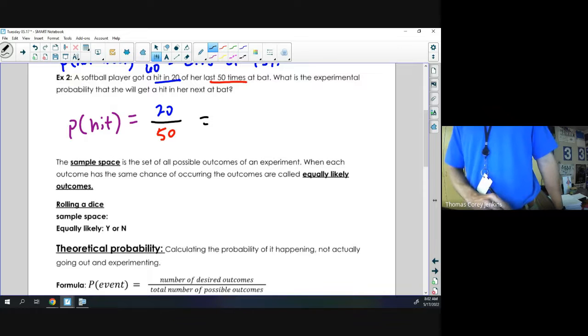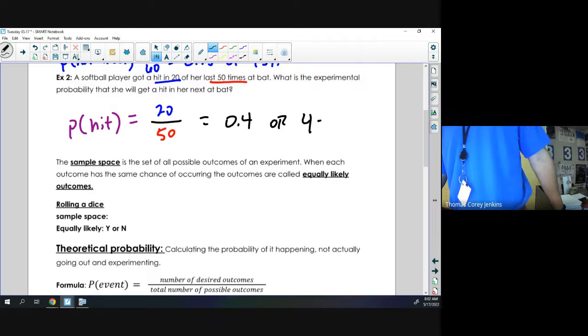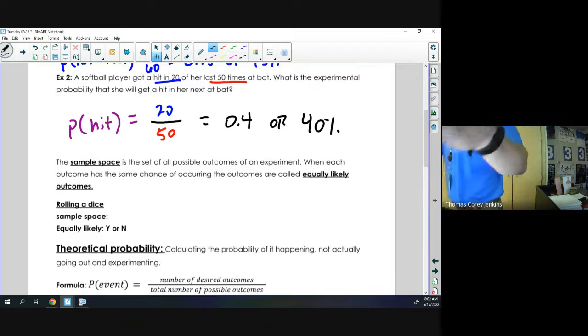All right, so looking for 20 out of 50 there, which gives her a 0.4 chance, or if we wanted that as a percent, 40%. And if you're not a sports fan, you might think, wow, that's not very good. But 40% in baseball is an excellent batting average.